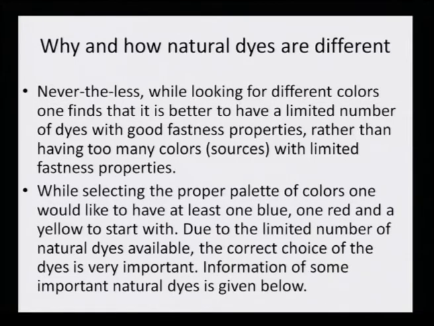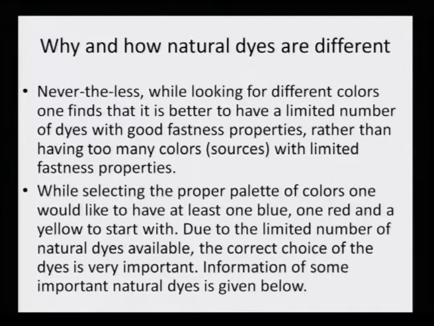Nevertheless, while looking for different colors, one finds that it is better to have a limited number of dyes with good fastness properties, rather than having too many colors or sources with limited fastness properties. Now, it is very important for a dye to be having some qualities, particularly the fastness quality.